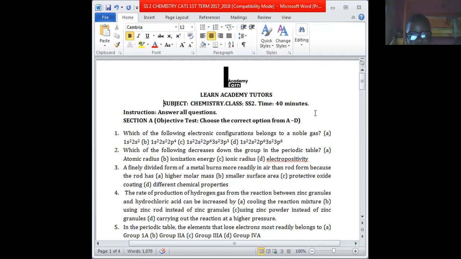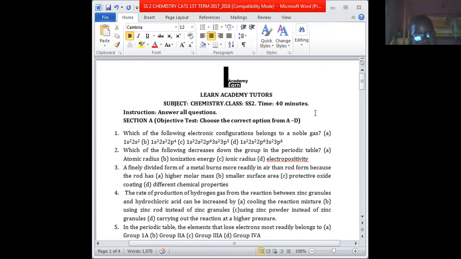D. No, the answer is B, smaller surface area. Remember, when we're talking about rate of chemical reaction, that surface area would make it burn faster than the rod form. So the answer is B. Okay, so you failed that.